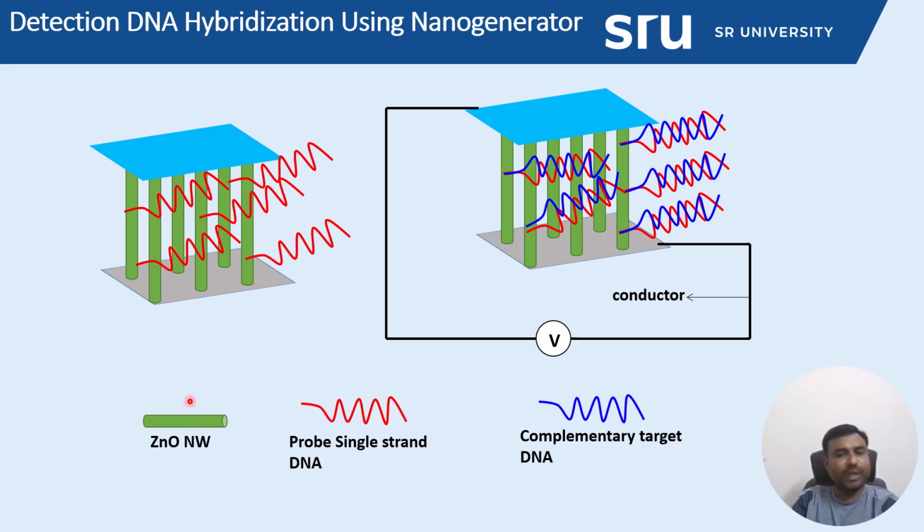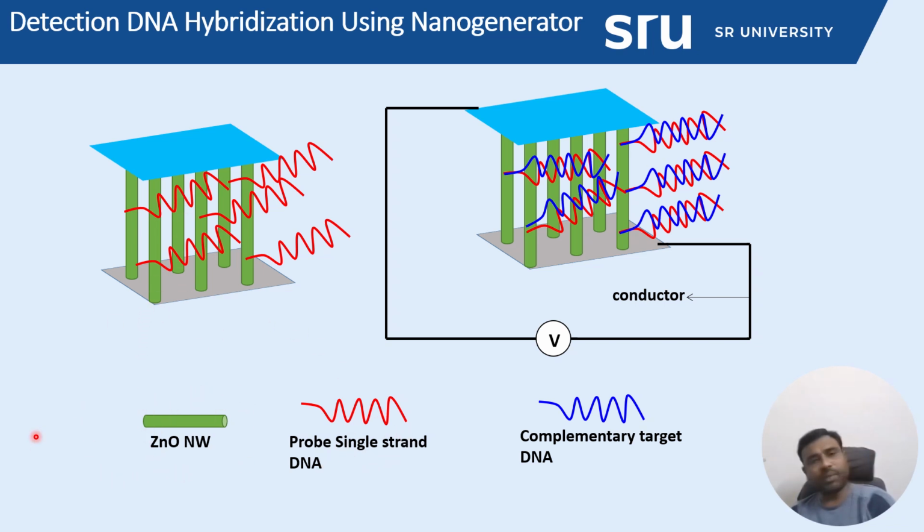Or if we add nanoparticles over the polymer, like gold or silver nanoparticles, we can choose the 5' thiol-modified probe single strand, because thiol has a high affinity interaction with gold or silver nanoparticles. Like that, there are different mechanisms we can use for the attachment of probe single strand DNA over the active layer modified zinc oxide nanowire.